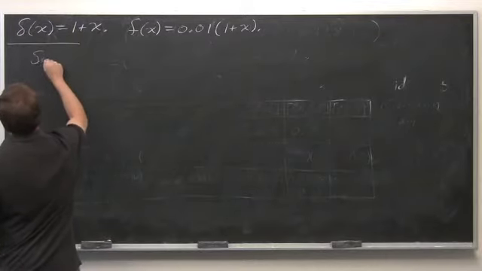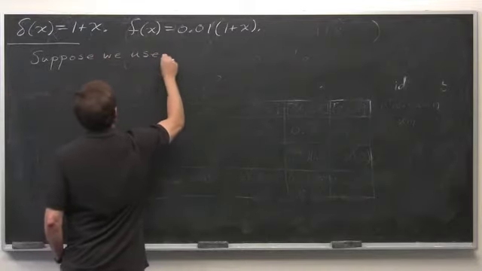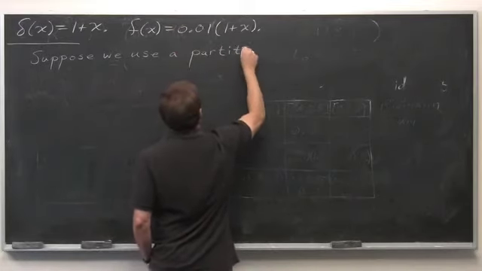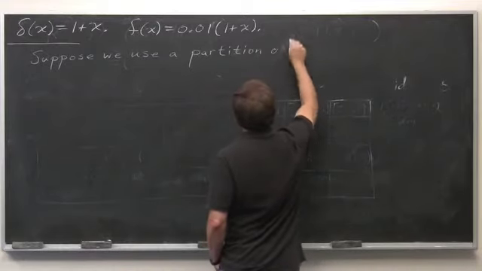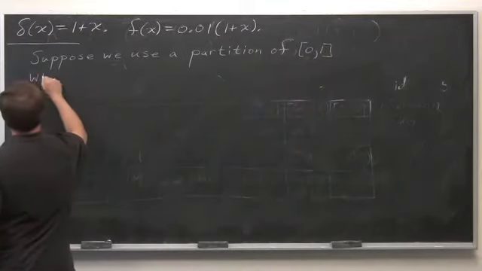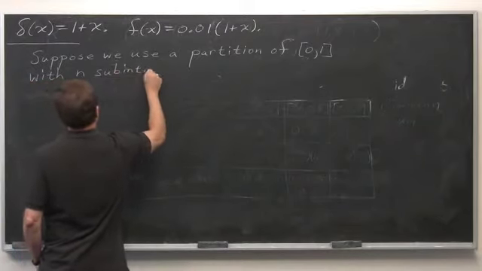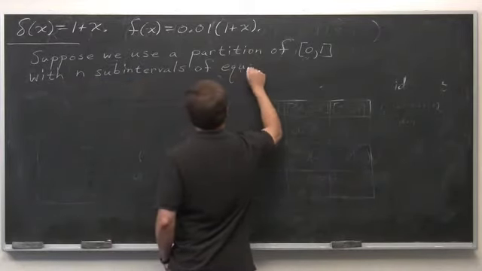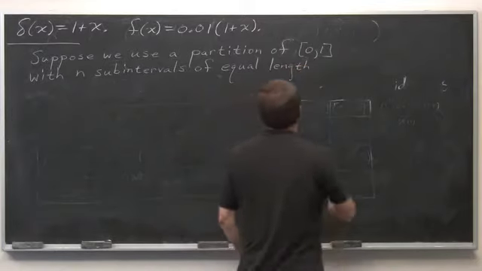So suppose we use a partition. We always want to partition the interval from 0 to 1 meters. We use a partition of 0, 1 into subintervals of equal length. What will that equal length be?